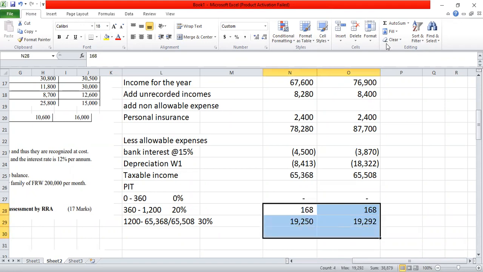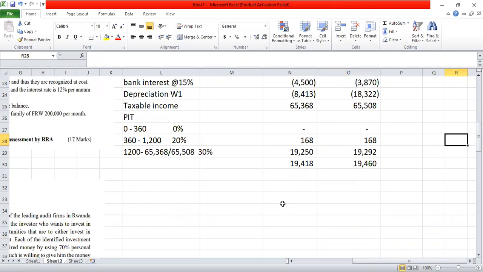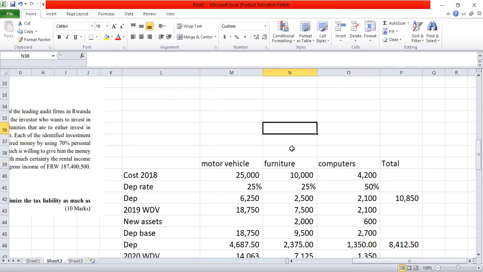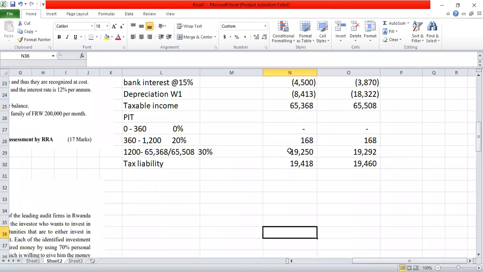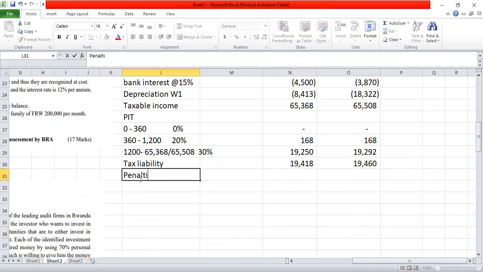So this is the tax payable or tax liability. Now we need to look at the penalties. First we have the fixed penalties.